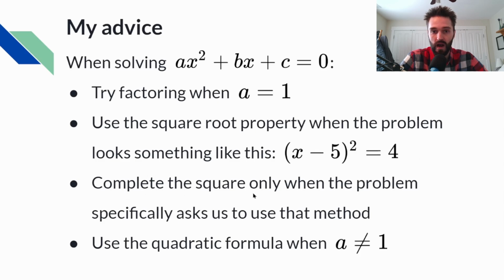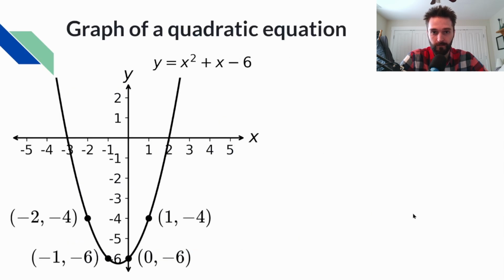And we complete the square only when the problem specifically asks us to use that method. All right? And finally, use the quadratic formula when a does not equal 1. When the lead coefficient is something other than 1, just use the quadratic formula. Okay.